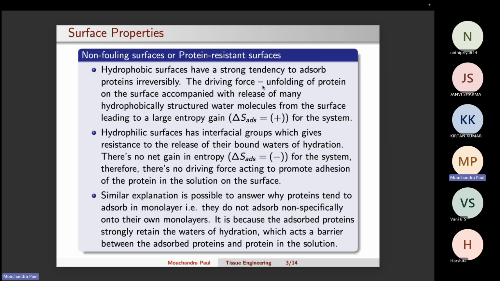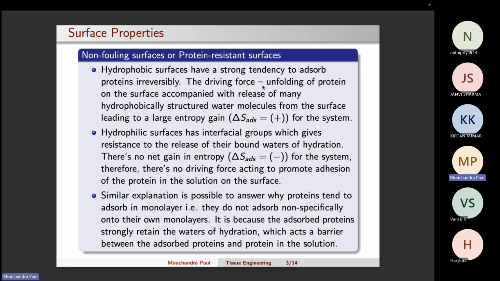Whereas in hydrophilic surfaces, there are chemical functional groups, which contain oxygen, nitrogen, etc., that can easily interact with the water molecules in the solvent. And here a hydrogen bond is formed. A hydrogen bond is much stronger, right?